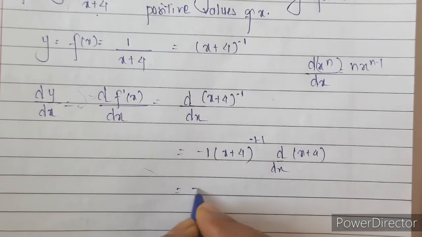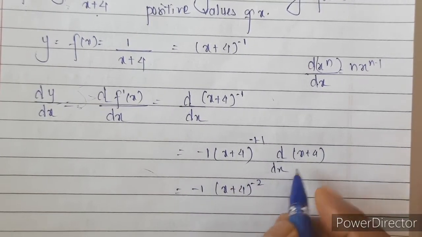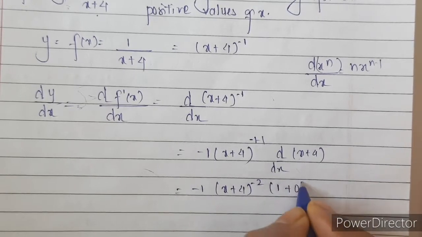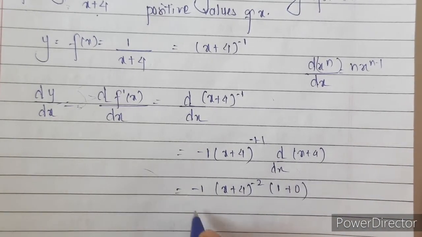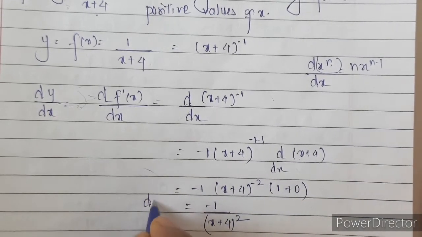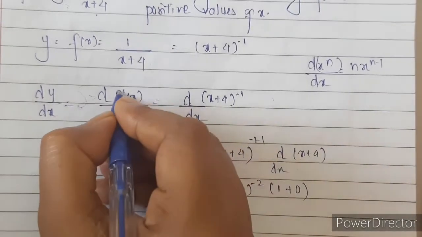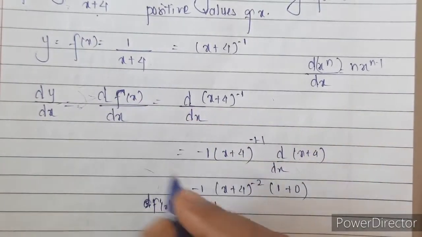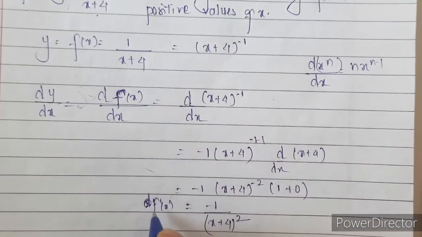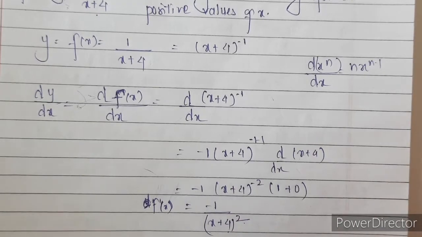This will be minus 1 times x plus 4 raised to power minus 2; the derivative of x is 1, the derivative of 4 is 0. So we can write this as minus 1 upon x plus 4 whole square. This is the derivative of the function f of x. So f dash of x is minus 1 upon x plus 4 square.